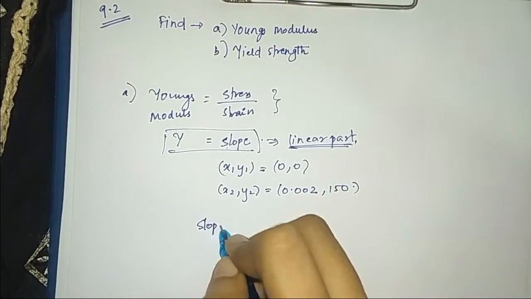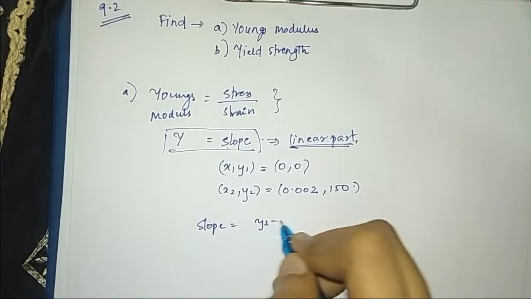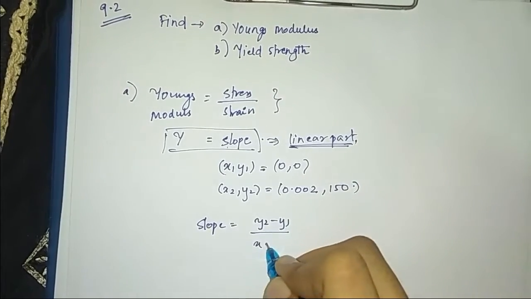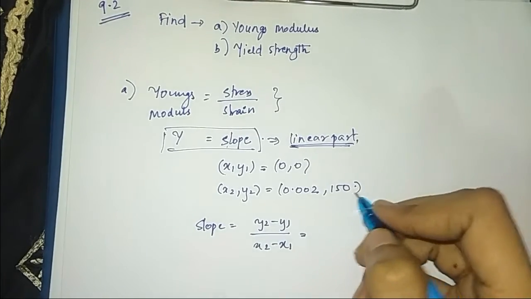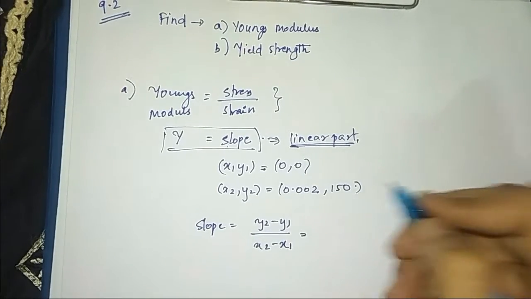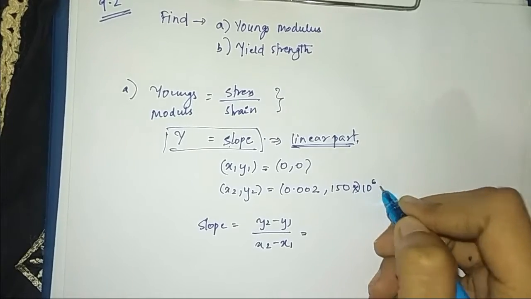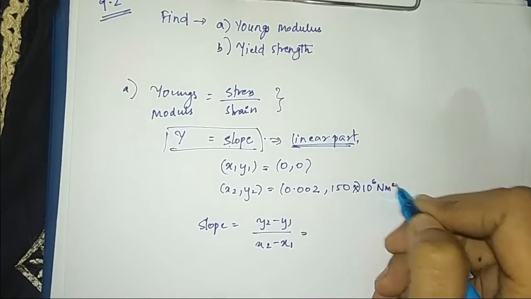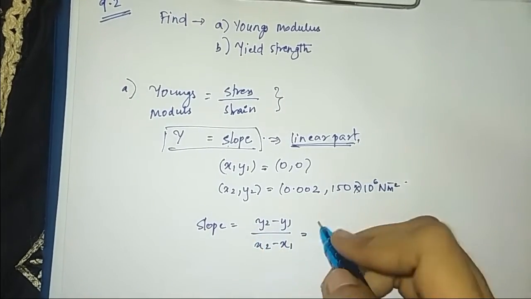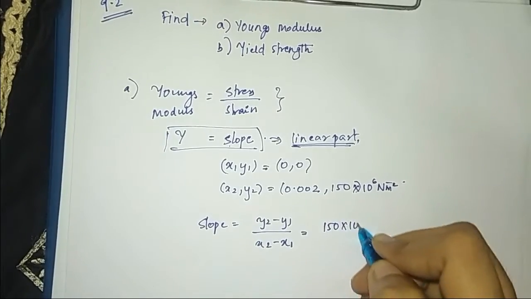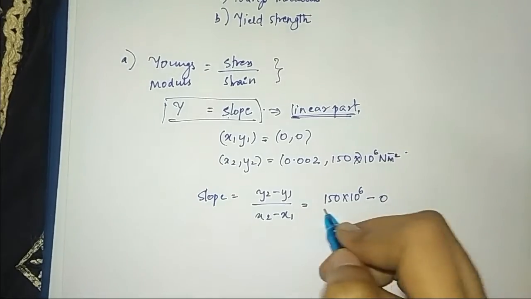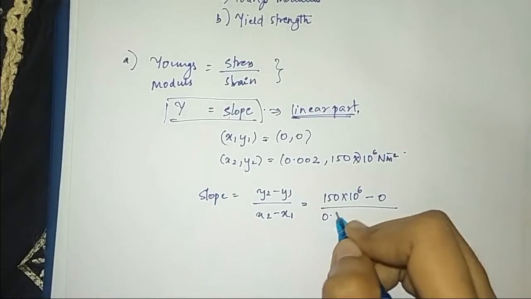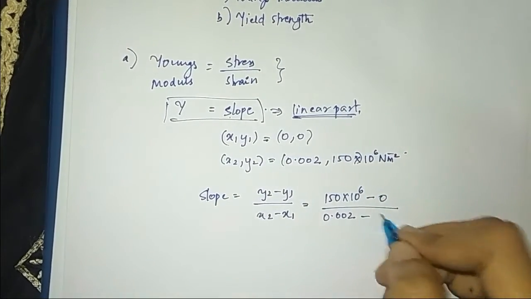Now let's calculate the slope. So slope is given by (y2 minus y1) upon (x2 minus x1), right? So y2 is 150. Just remember that 150 is 150 into 10 raised to 6 Newton per meter square. So y2 is 150 into 10 raised to 6 minus y1, which is 0, and x2 is 0.002 minus 0.